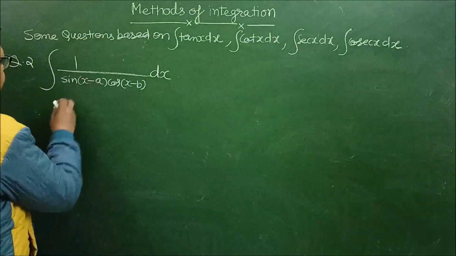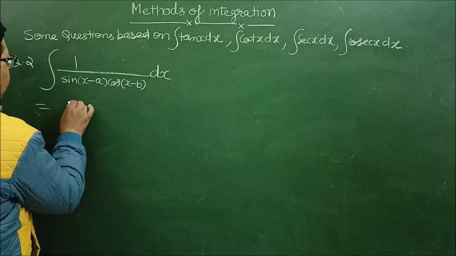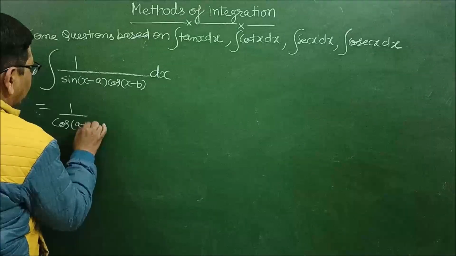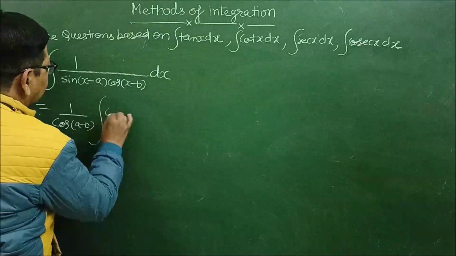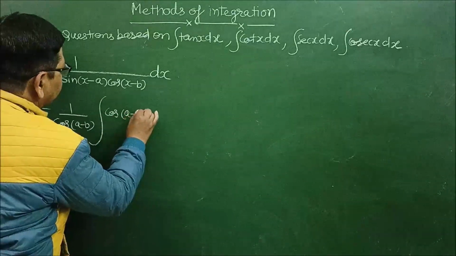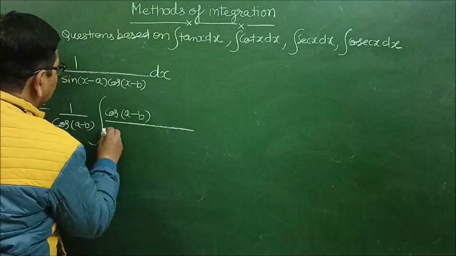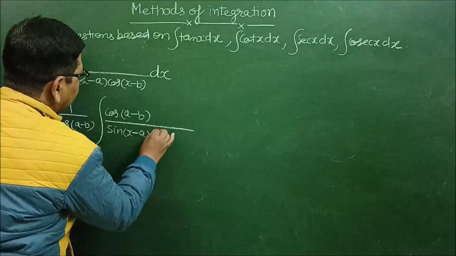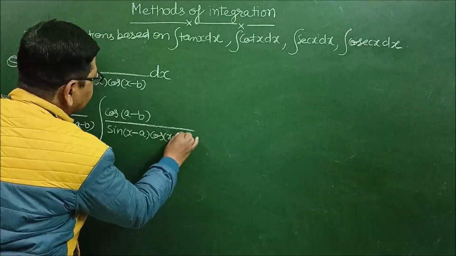So if we multiply here by cos(a minus b) and divide by cos(a minus b), and again multiply in the numerator by cos(a minus b), sin(x minus a) cos(x minus b) dx.